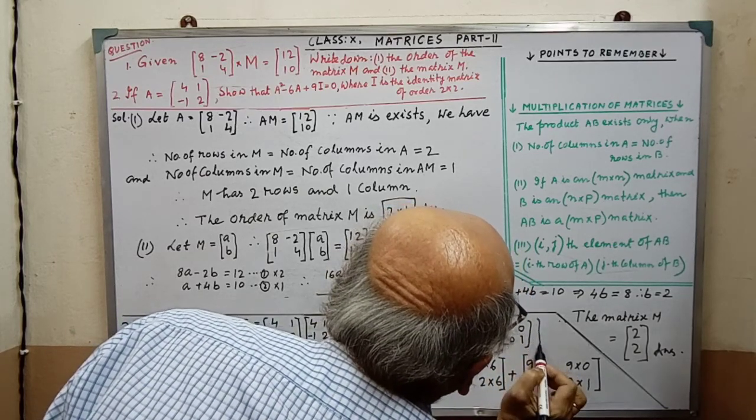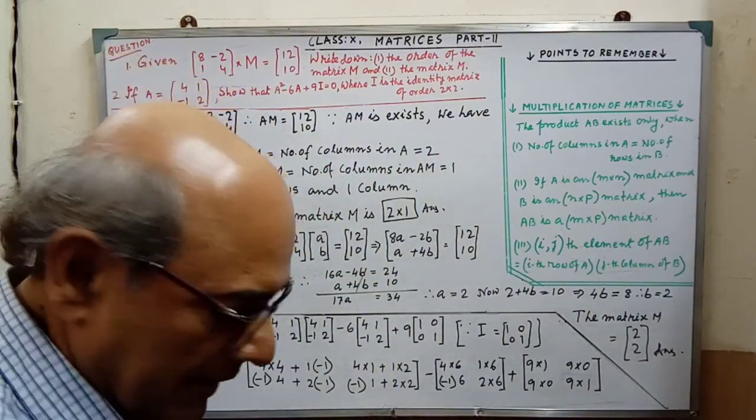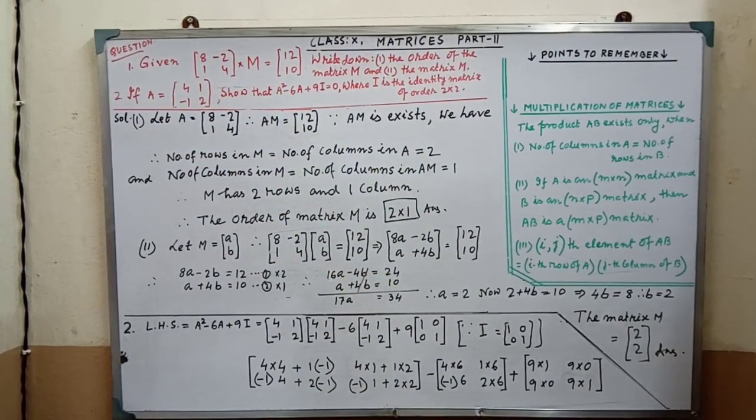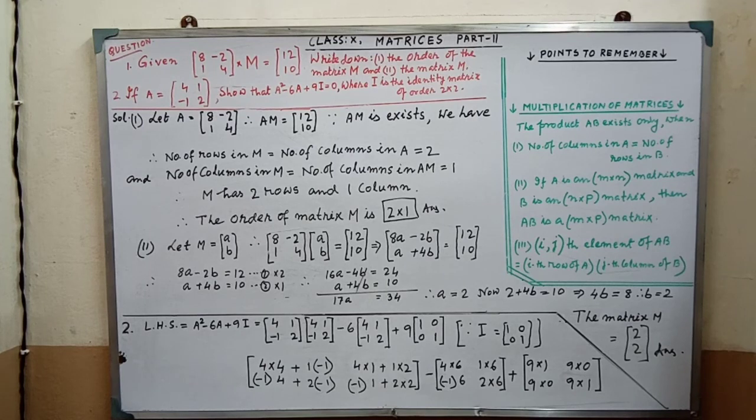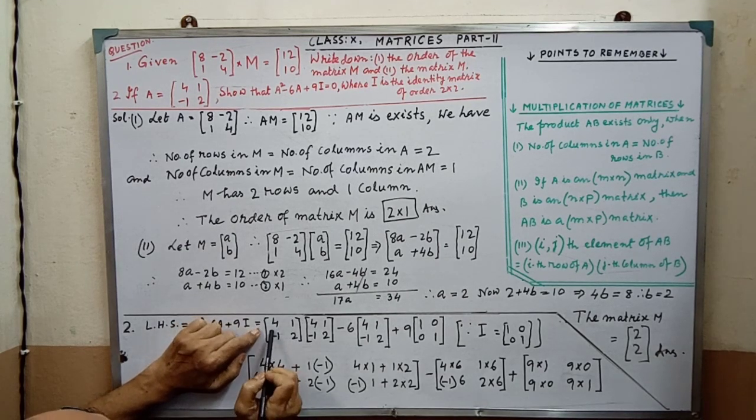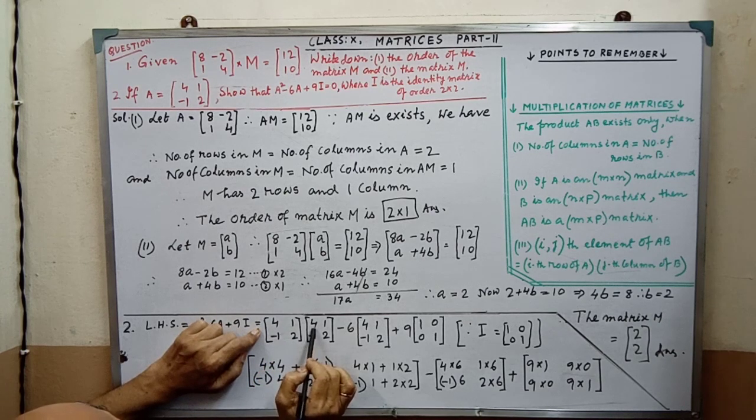You have to understand this also clearly. Now pay your full attention to understand the multiplication. See, 4 minus 1, 1 2 and these two we have to multiply. See the multiplication.